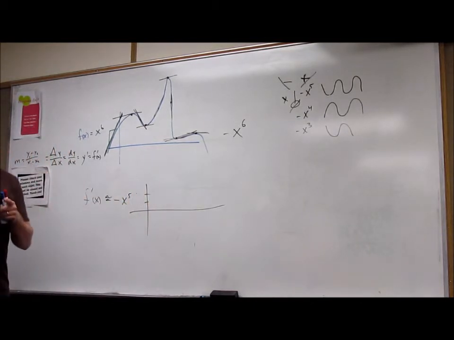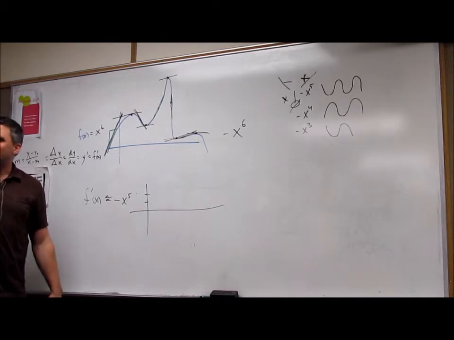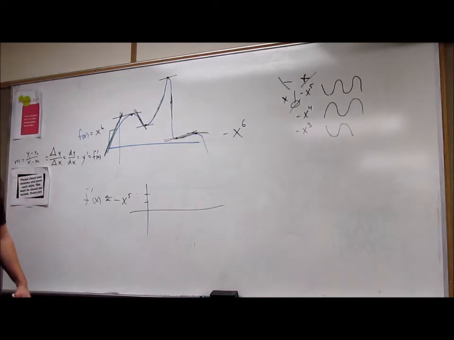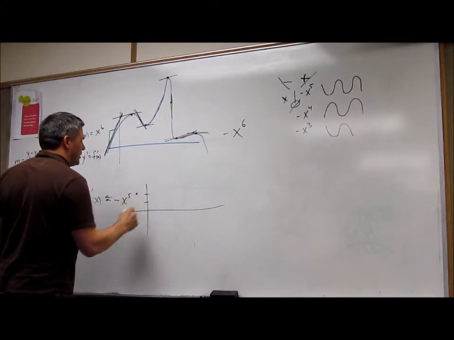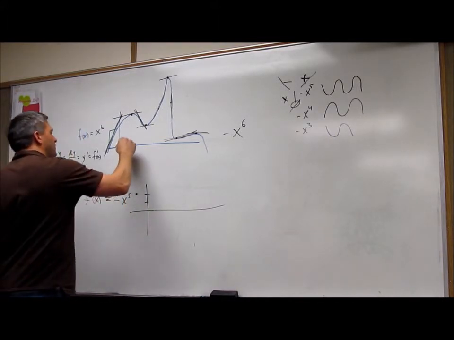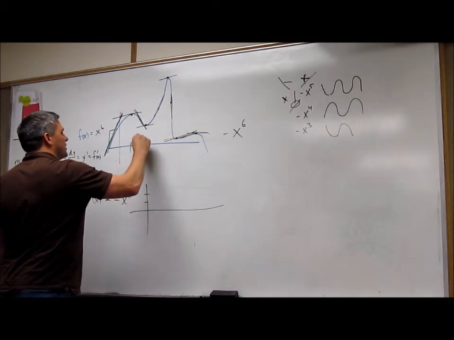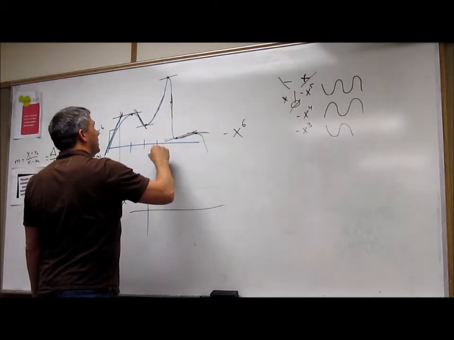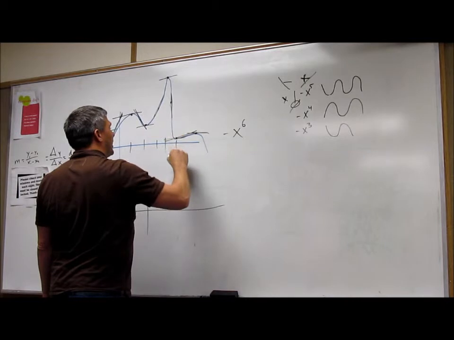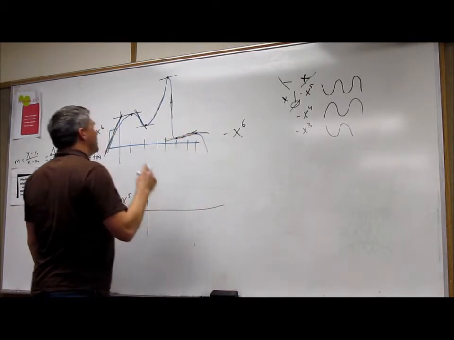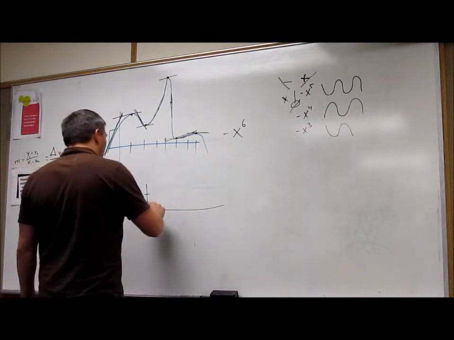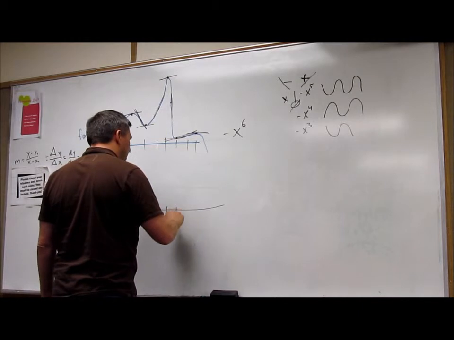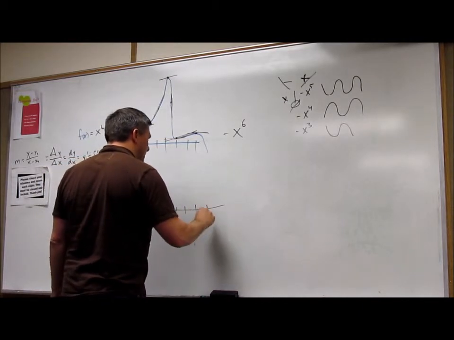We're not giving it a direct value, we're just giving it an understanding. So we're going to put points 1, 2, 3, 4, 5, 6, 7.